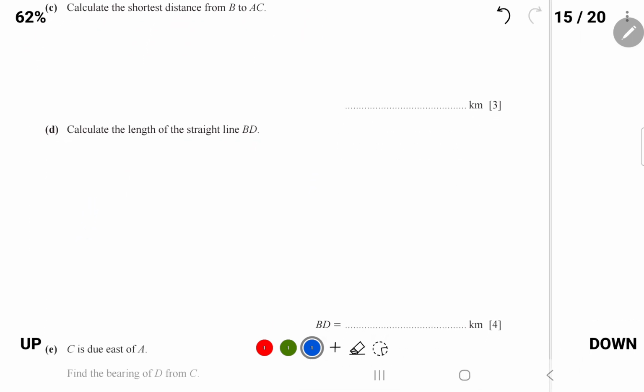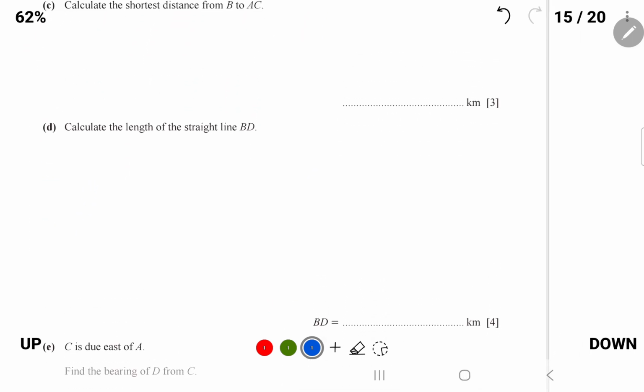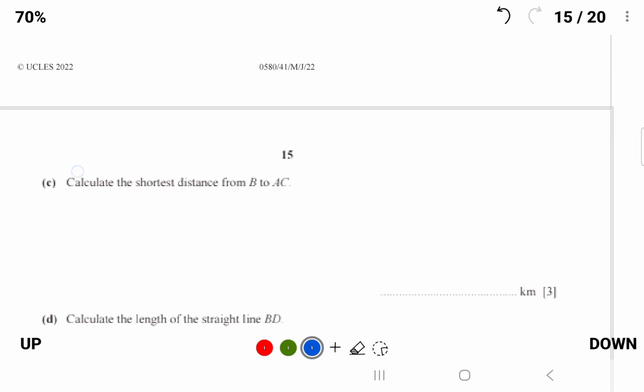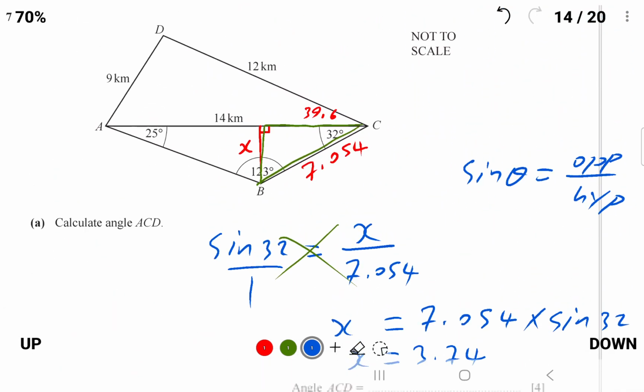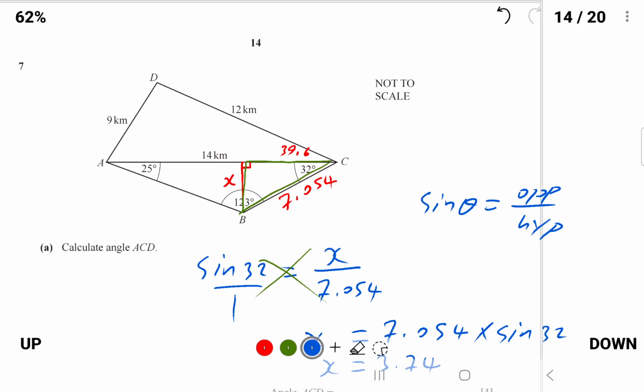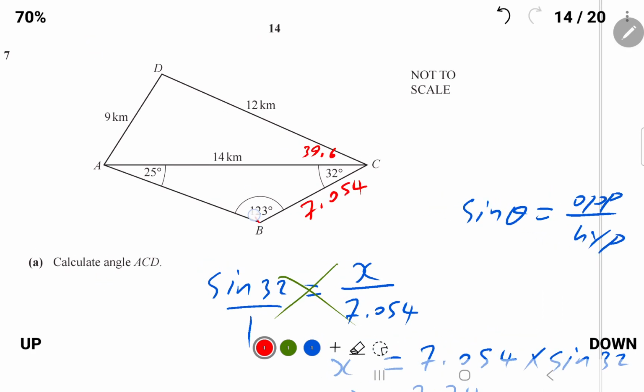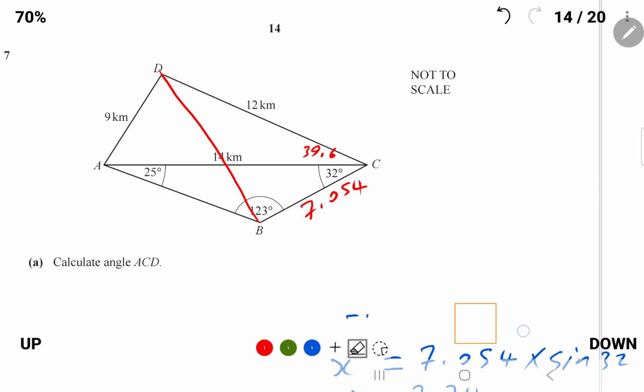Now, next question. Calculate the length of the straight line BD. The straight line BD means you have to calculate this distance. So in order to do that, you have to use cosine rule again one more time.